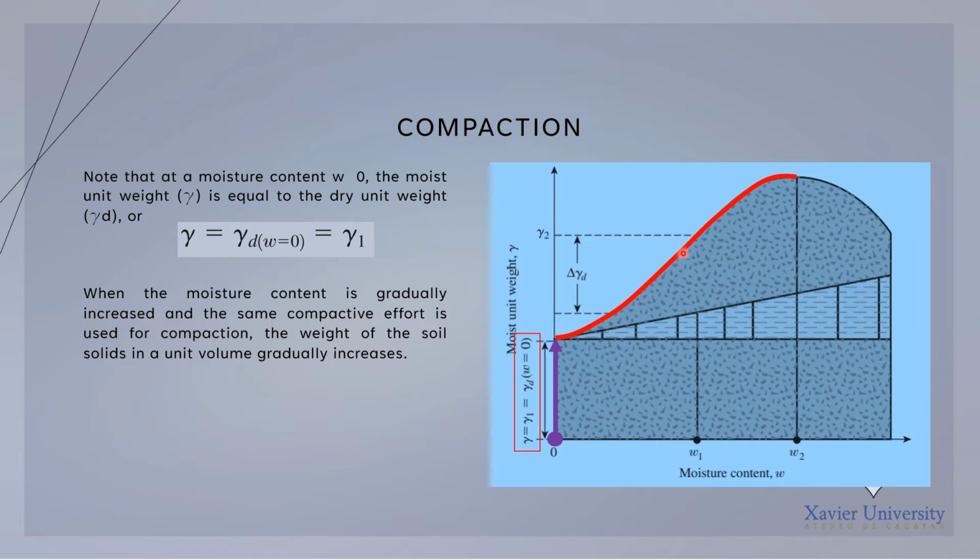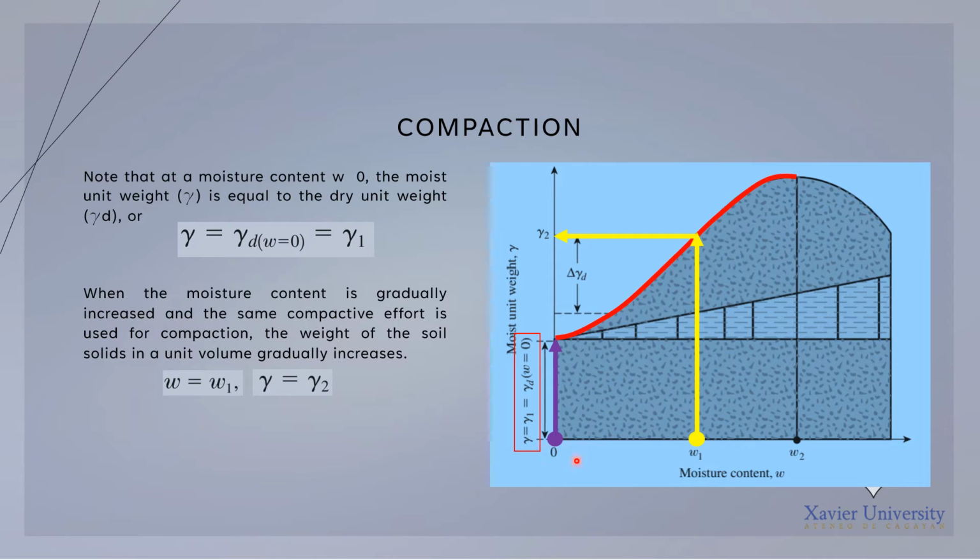So along with the increase in our moisture content, we also have an increase in our unit weight, because if we consider this y-axis, the values of our unit weight are increasing along with the increase of our moisture content. So for example, at moisture content equal to W1, our unit weight now is gamma 2.